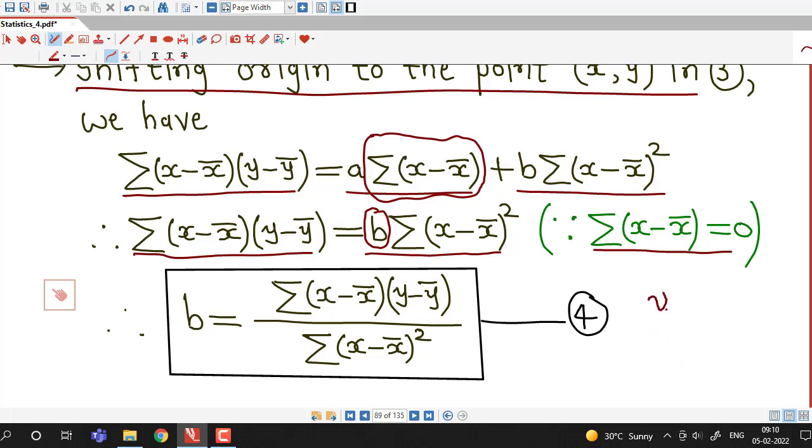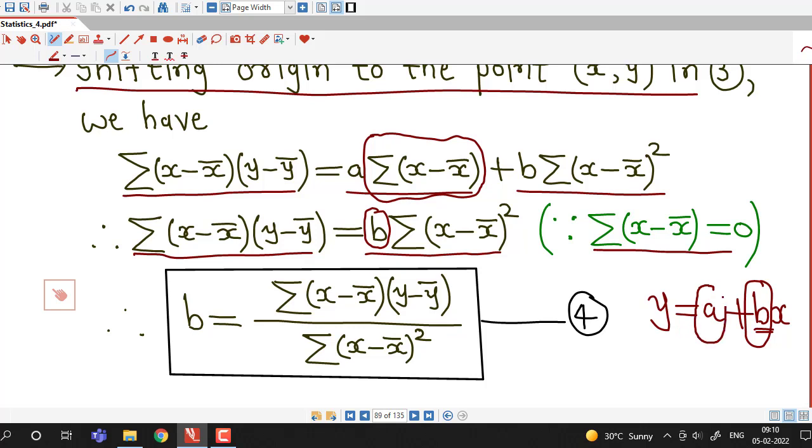So you can see we obtained the formula for the coefficient b in y equals a plus bx, which is the slope of the regression line: b equals sigma x minus x bar times y minus y bar divided by sigma x minus x bar whole square.